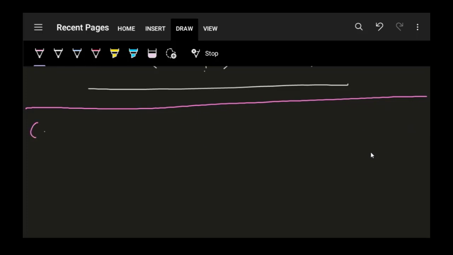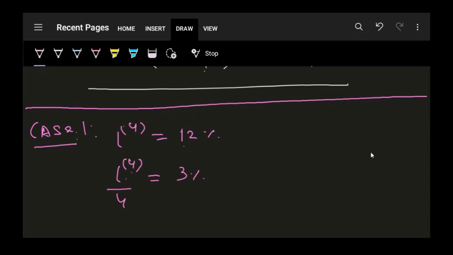In the first case, suppose you are given a nominal interest rate of 12% compounded quarterly. So you can treat every period as one time period and use the effective rate for that time period of i^(p) upon p. So I will get my effective rate for each quarter as 3%.